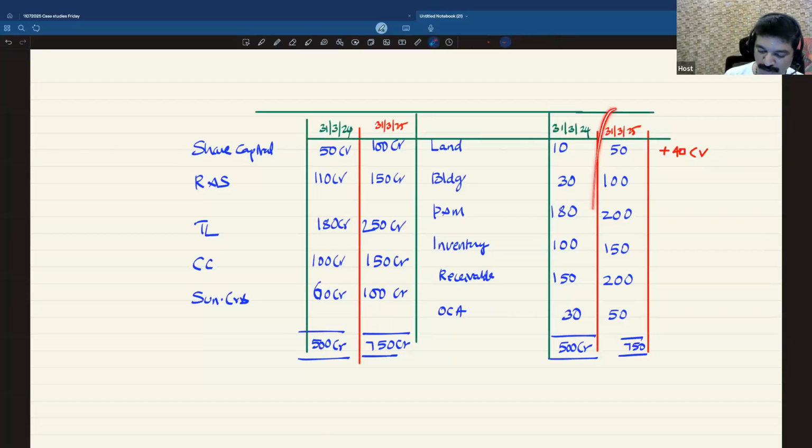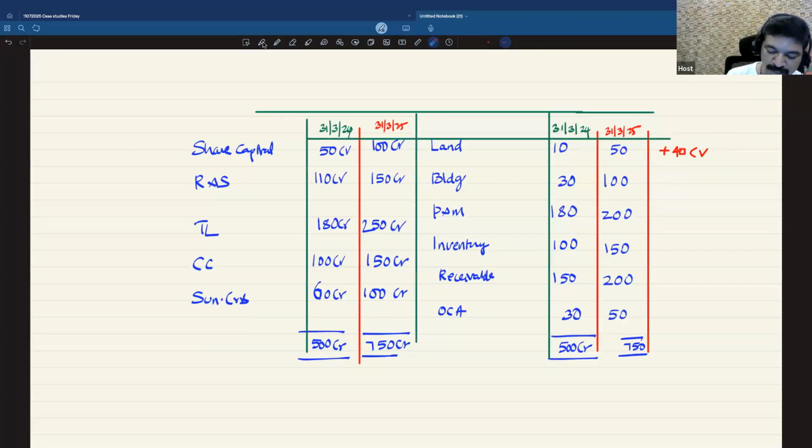If you just have a look at the 31st March balance sheet, you believe that they have 50 crore worth of asset and you never know when they purchased it. But now because of this comparison, you get to know that this 40 crore got added only in the current year. It was not there for a very long time. That is useful information for you.